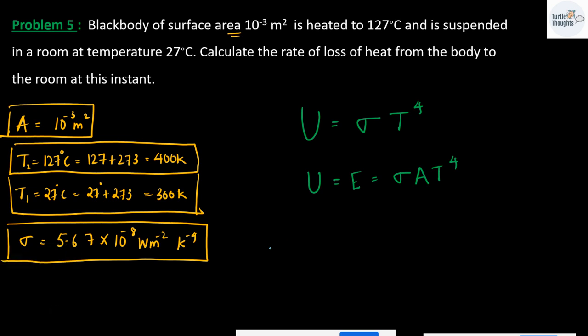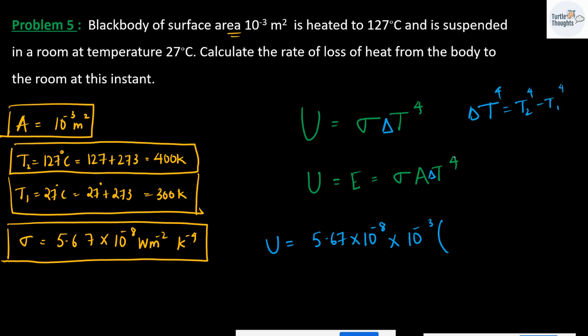Substituting the same, I will get U equals sigma, which is 5.67 multiplied by 10 raised to the power minus 8, multiplied by A. A is 10 raised to the power minus 3, multiplied by T raised to the power 4. So I can write over here T as the difference in temperature, or I can write this as delta T as well. Delta T raised to the power 4 is going to be T2 raised to the power 4 minus T1 raised to the power 4.